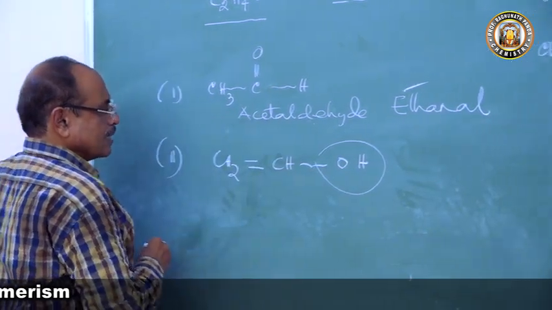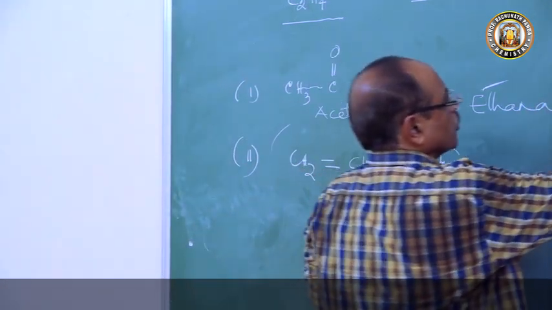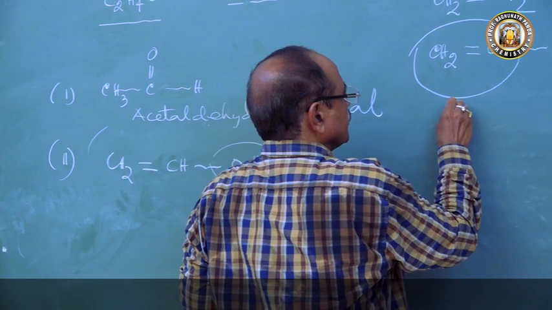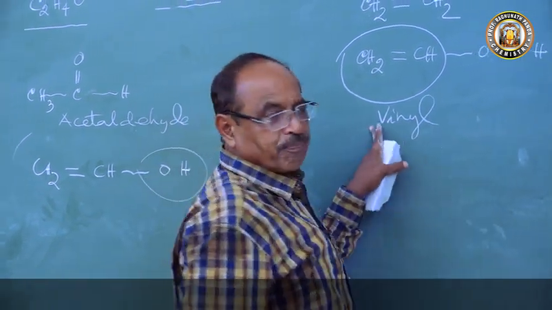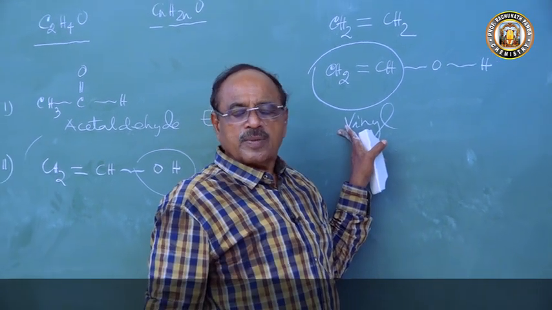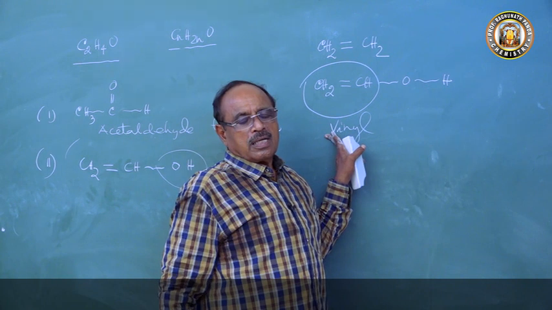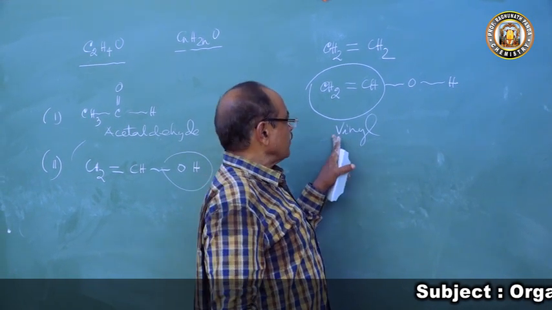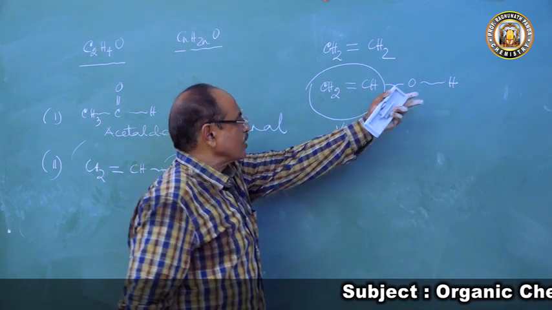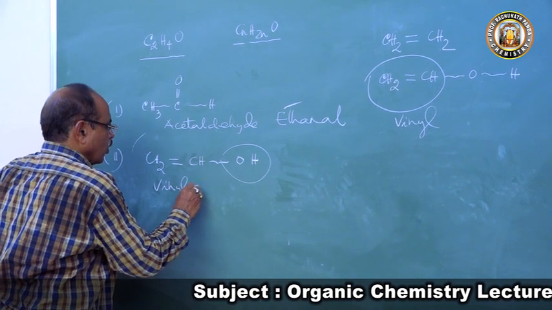Now when you come to this, the CH2=CH group is called vinyl. CH2=CH-CH2 is called allyl. So this is vinyl and OH alcohol. So its common name is vinyl alcohol.